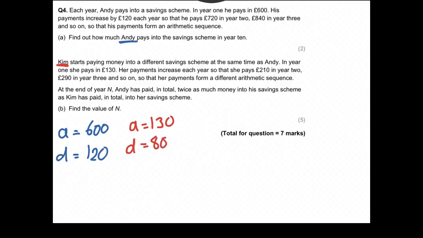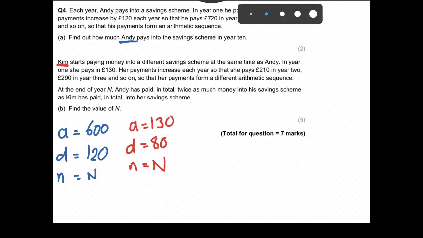Okay, so we're talking about the end of year n. So year n, we're trying to find what this year is, when Andy has paid double in total what Kim has paid. So we're looking at n in both of these. We're just going to call it capital N. And we're trying to find when is the sum double. So we're going to need to use a sum equation for Andy and a sum equation for Kim.